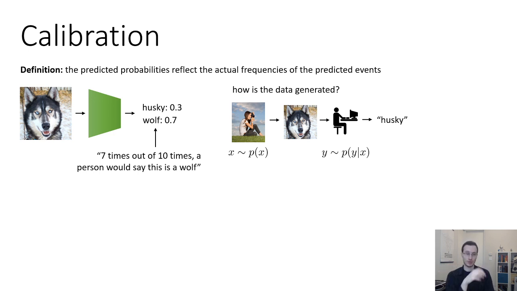So if you had a different distribution over images, maybe you had a distribution where someone intentionally went out and photographed wolves in warm climates and huskies on snow, then maybe this correlation would have been flipped around. But that's not what happened. So for that generative process, for that distribution over images, and that labeling process, the prediction is that 7 out of 10 times a person would say this is a wolf.